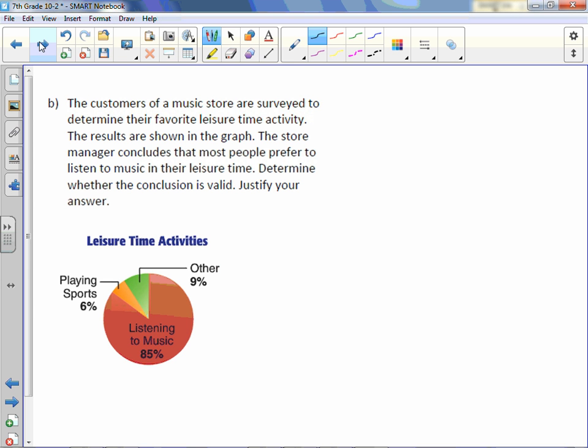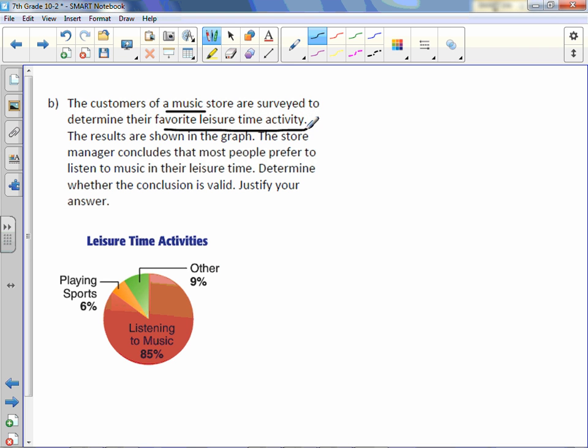The customers of a music store are surveyed to determine their favorite leisure time activity. The results are shown in the graph. The store manager concludes that most people prefer to listen to music in their leisure time. Determine whether the conclusion is valid. Justify your answer. So you're talking to customers in a music store, and you want to know their favorite leisure time activity.